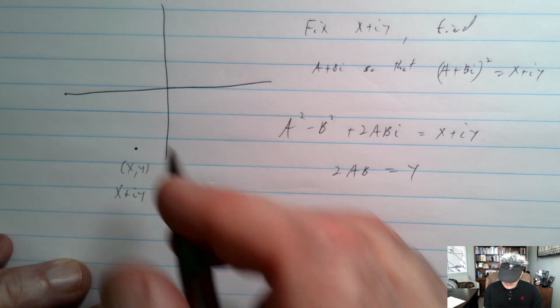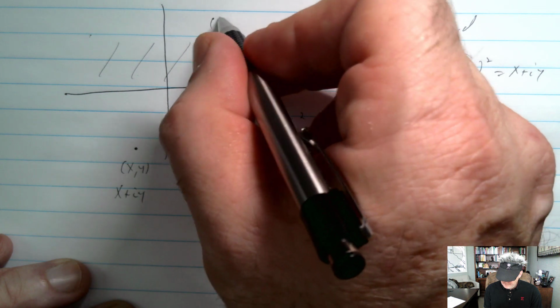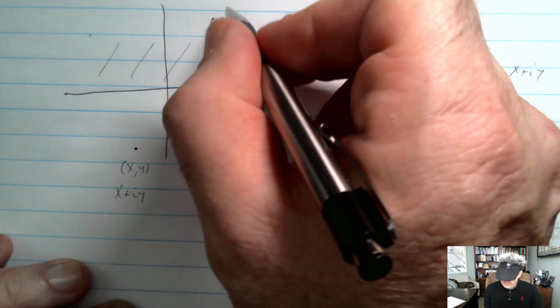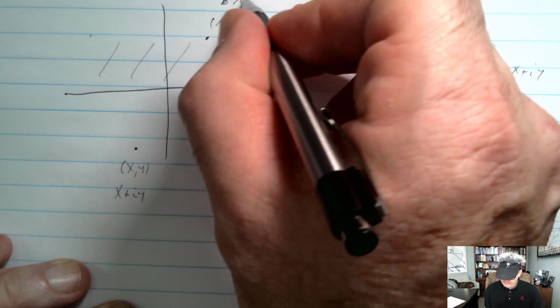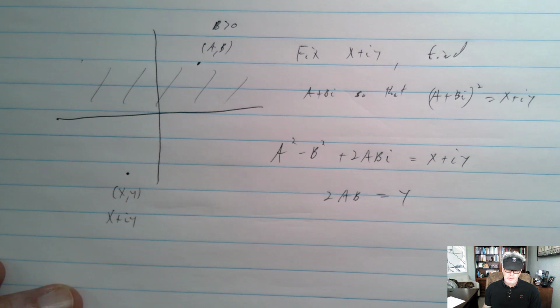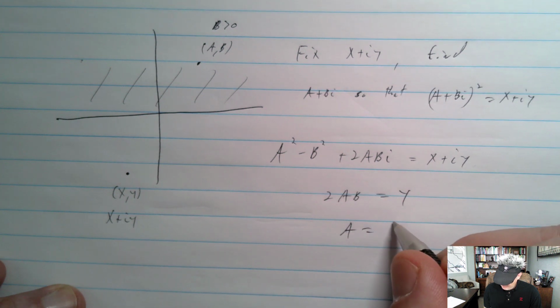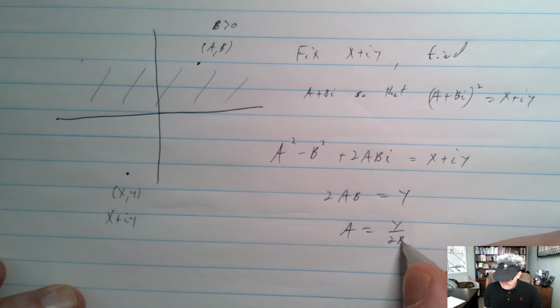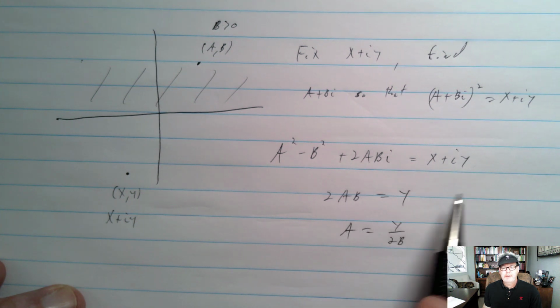But now what we know is b must be greater than 0. Right, so we're going to have some ab here, a plus bi, b greater than 0. So since that is known, let's solve for b. And to do that, we first solve for a. So a will be y over 2b, and so that's from the imaginary parts, putting them equal to each other.